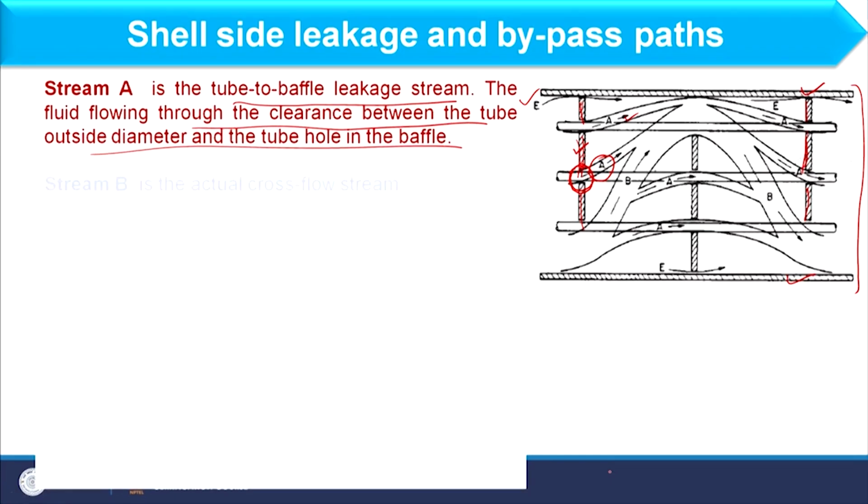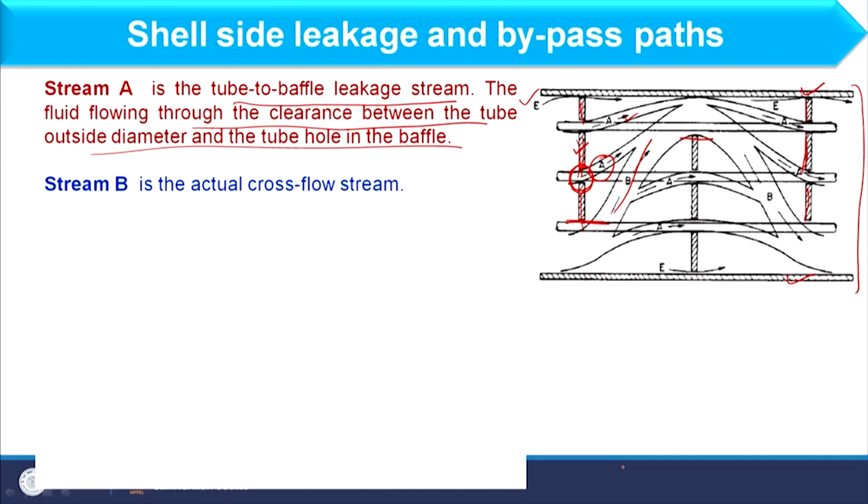Now, next stream is stream B. Stream B is wherever the flow in the shell side is perpendicular in comparison to the tube side flow. So, this B stream is available basically between baffle tips. This we consider as the cross flow stream.